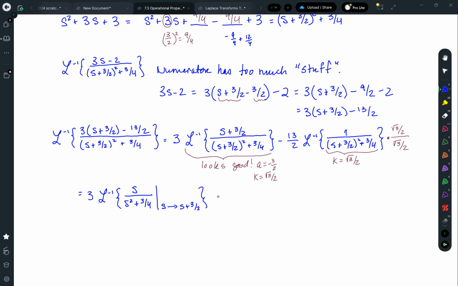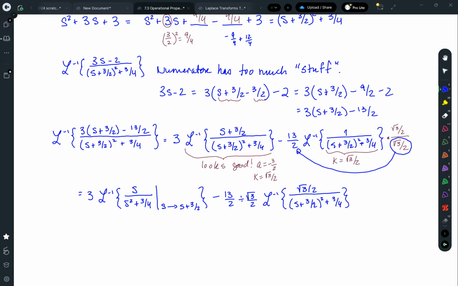Then we have the minus 13 halves divided by the square root of 3 over 2. So that's where I'm bringing this square root of 3 over 2 that was in the denominator, bringing it outside. And then times the Laplace inverse of the square root of 3 over 2 all over s plus 3 over 2 all squared plus 3/4.